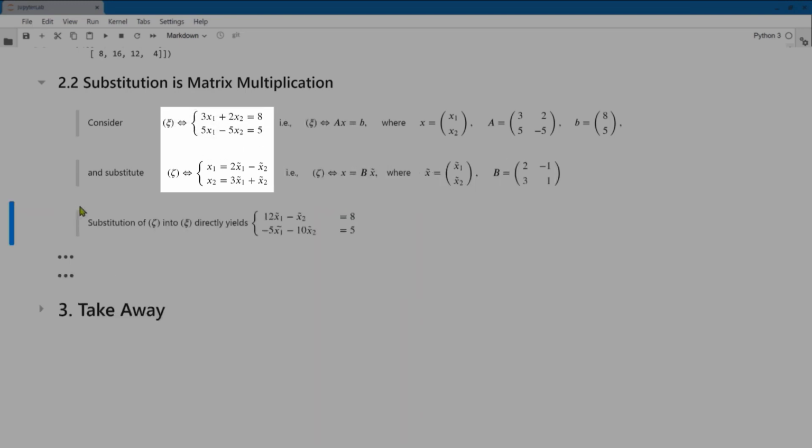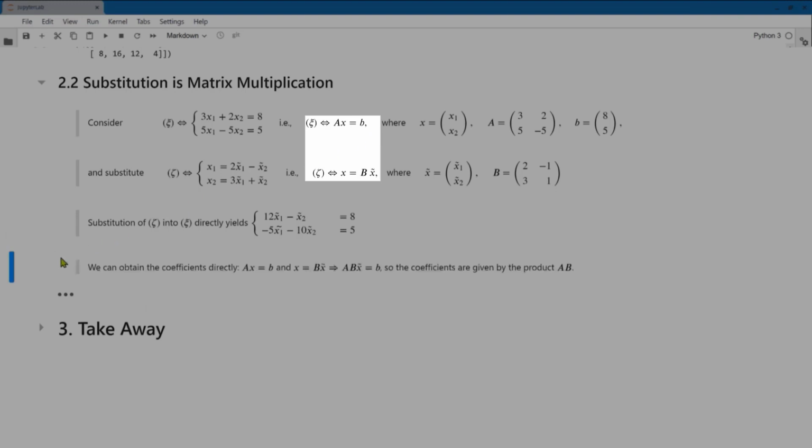If I substitute directly, if I take my x1, x2 and substitute into my original problem, I get this expression here. I get 12x1 tilde minus x2 tilde equals 8, minus 5x1 tilde minus 10x2 tilde equals 5. But I can also substitute in the matrix expression. I have Ax equals B and x equals B times x tilde.